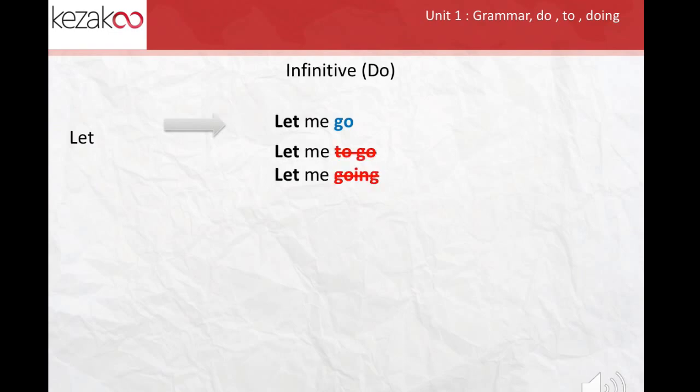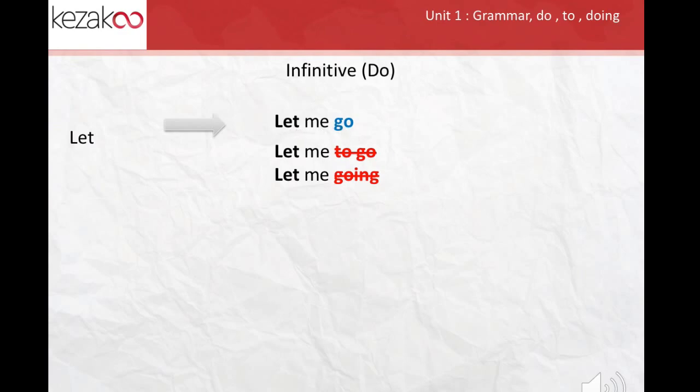So we cannot say let me to go. It is incorrect. And we cannot say let me going. The correct form is let me go. So whenever we have the verb let followed with another verb, it must be let me go, let me be, let me do, let me talk.